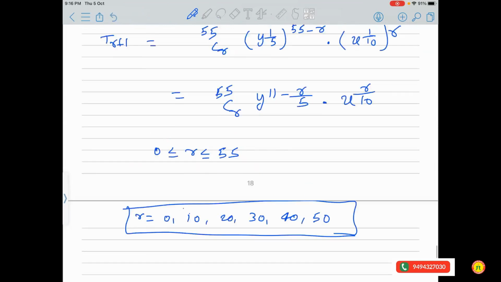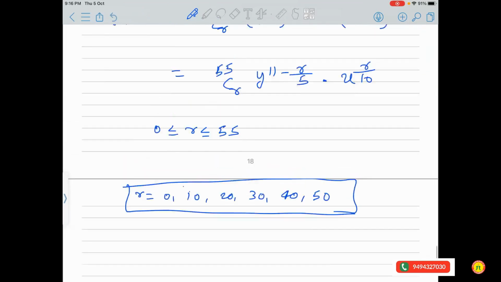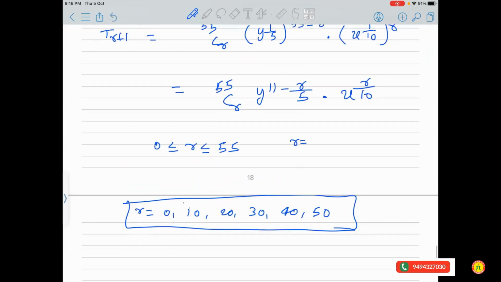If you write r here, you need to find integers. So r is equal to, here we can say, 0, 5, 10, 15, like that. And here r is 0, 10, 20, 30. So here the common values are 0, 10, 20.